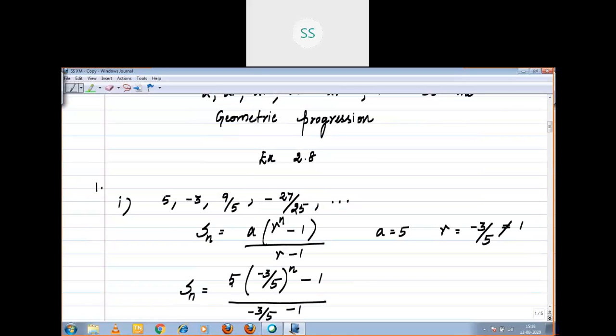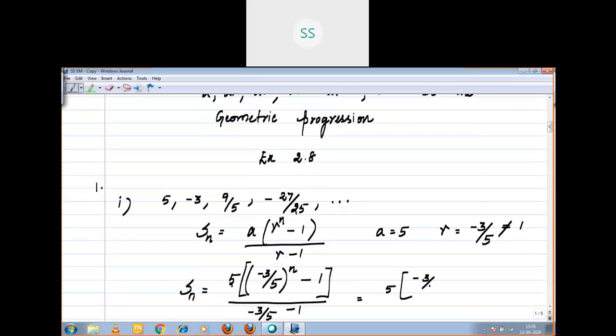Got it? Say yes or no? Now this is equal to 5 into this bracket. This is important.